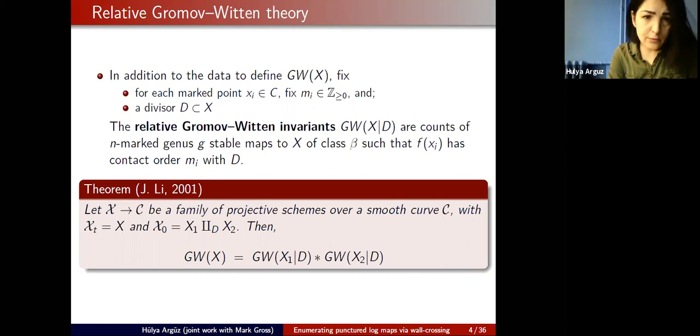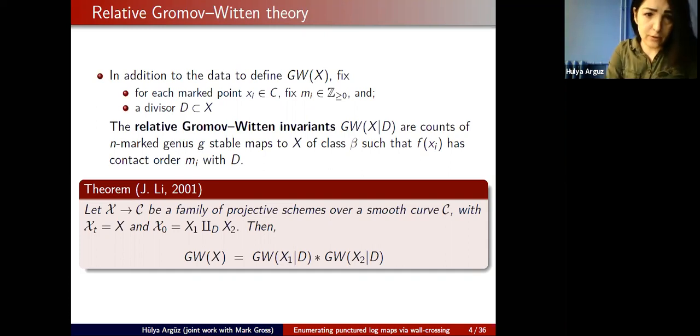The theorem of Li in 2001 in the algebraic geometric setup is saying that if you have a family of projective schemes, you can degenerate your X, obtaining a family such that your X degenerates into X_1 and X_2, two copies glued along a divisor D. And then you can compute the Gromov-Witten invariants of X in terms of the relative Gromov-Witten invariants of these two copies relative to D. This product is not what I'm going to go into detail, but there's an explicit formulation of how you can obtain the Gromov-Witten invariants of X in terms of these relative Gromov-Witten invariants.